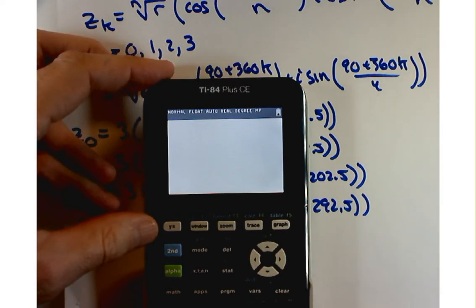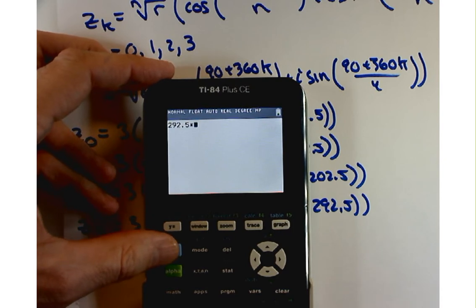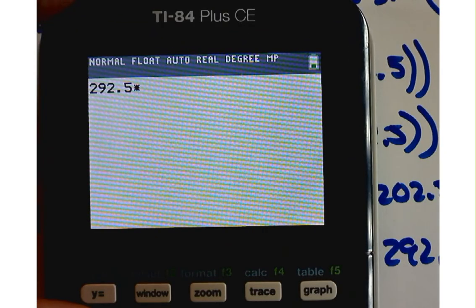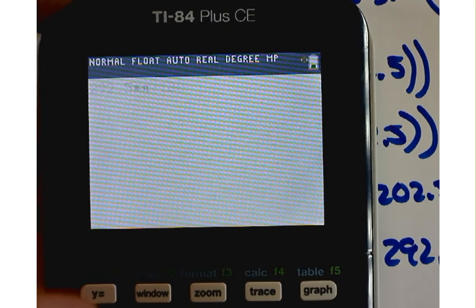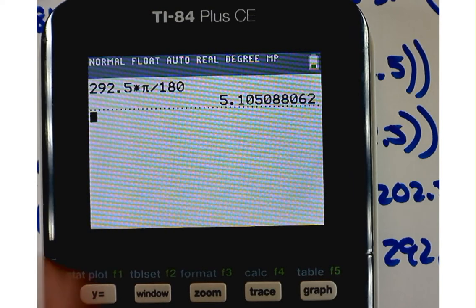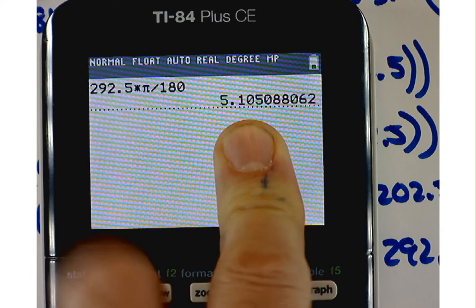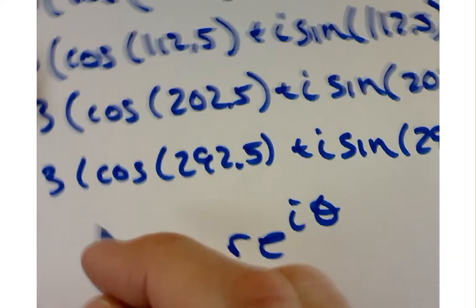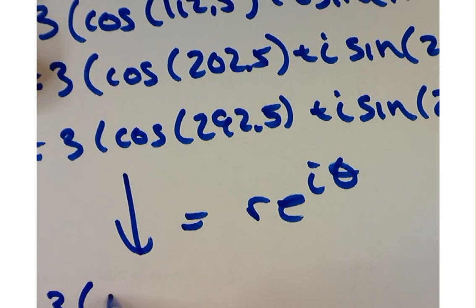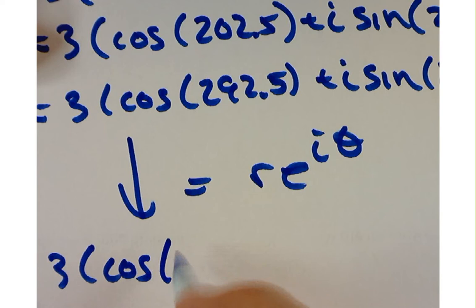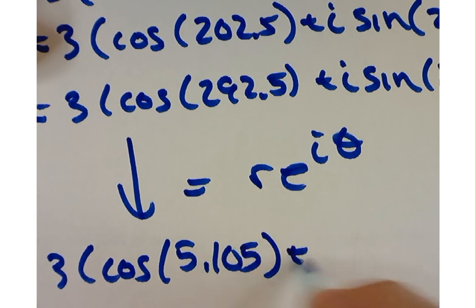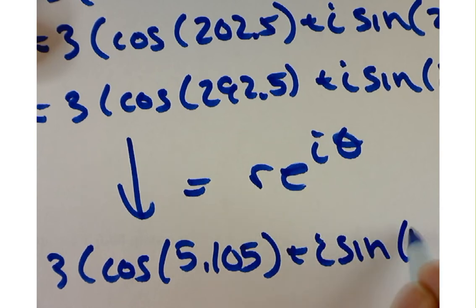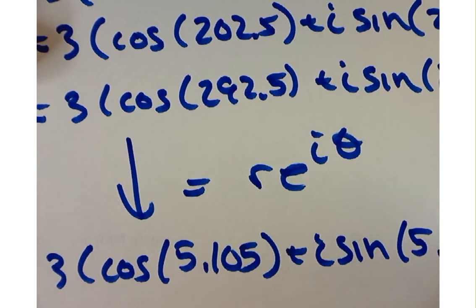I'm going to take 292.5 times pi divided by 180. And there it is in radians, 5.105. So it'd be 3 times cosine of 5.105 plus i times the sine of 5.105 in radians.